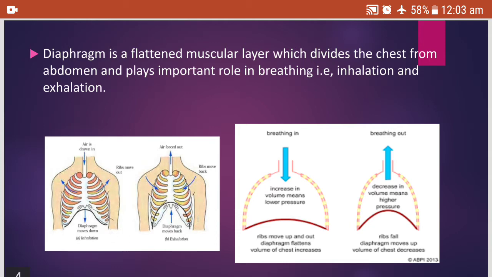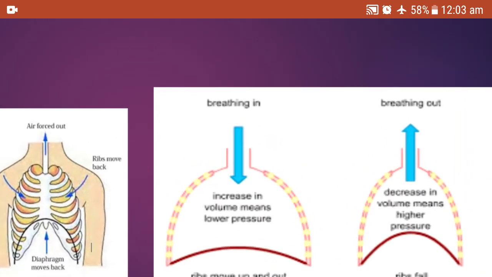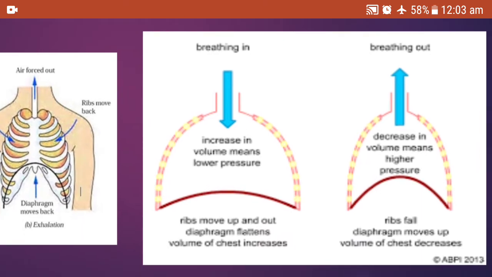During breathing in, the diaphragm is flattened. Can you observe in this slide? The diaphragm is flattened, thereby increasing the volume of the chest, and the pressure is low. So the outside pressure is more, the air rushes into the lungs and occupies the space of the lungs, and the gaseous exchange takes place.